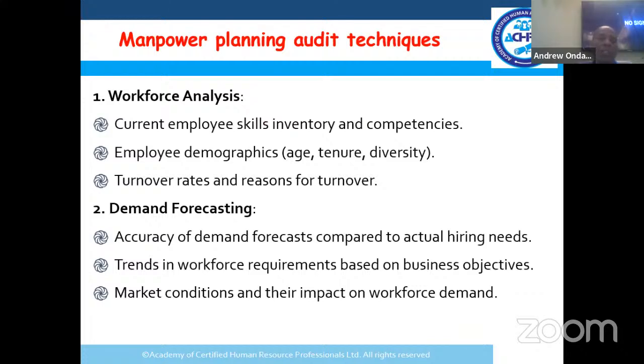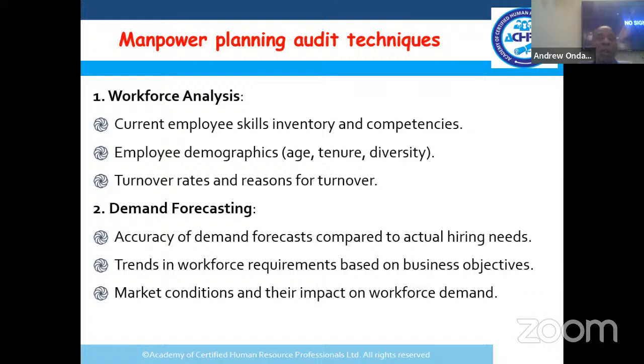And from number 1 to number 7, which I will show, these are the techniques that are used in manpower planning. I have indicated in my introduction that manpower planning is a forecast of future human resource requirements and how these requirements can be met.